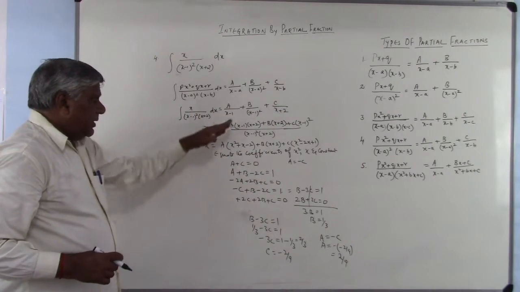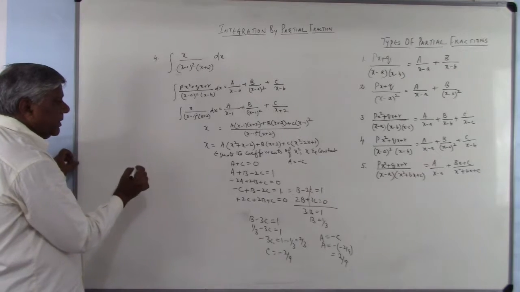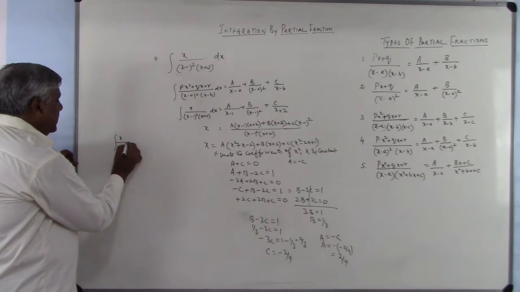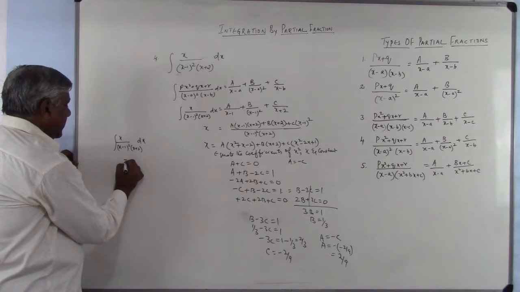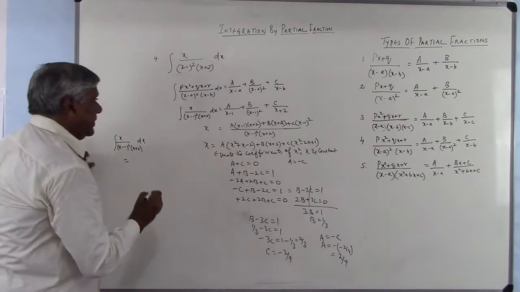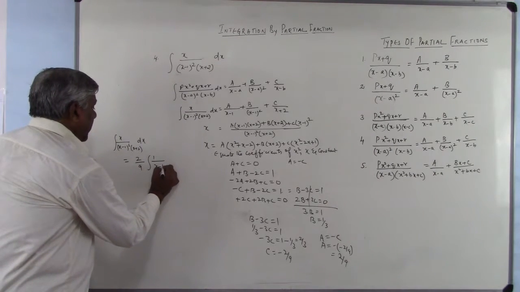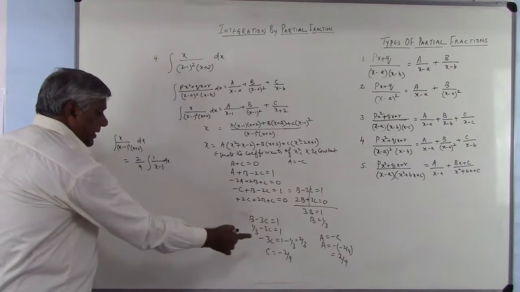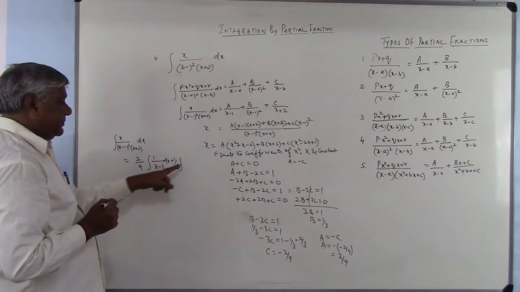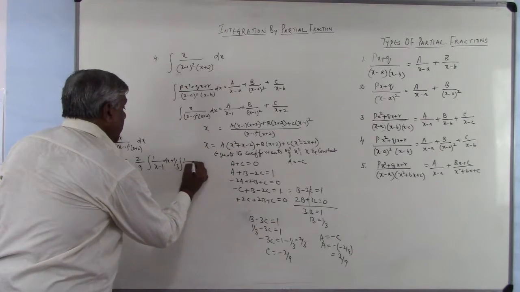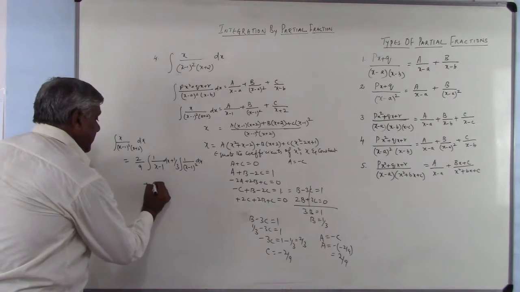So now the problem comes like this. Integral x divided by x minus 1 whole square into x plus 2 into dx becomes: a is how much value? 2 by 9, integral 1 over x minus 1 dx, plus b, which is 1 by 3, integral 1 over x minus 1 whole square dx, plus, what is the value of c?